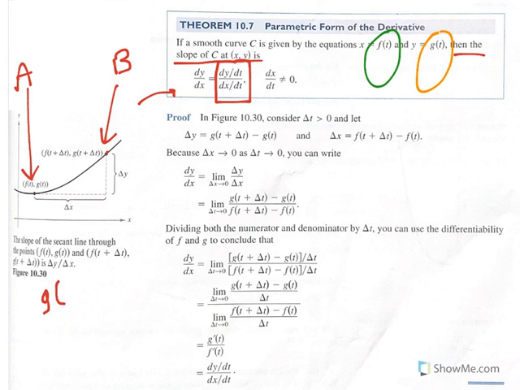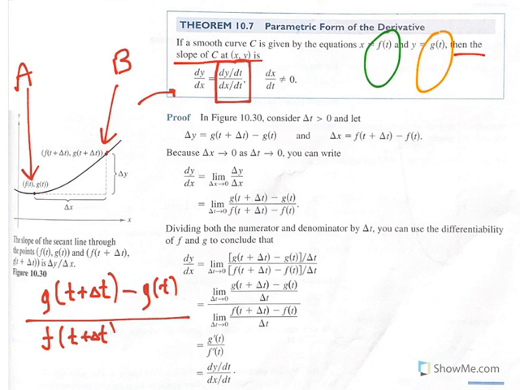So you would have g of t plus delta t, that gives you the y-coordinate of point B, minus the y-coordinate of point A, divided by the x-coordinate of point B minus the x-coordinate of point A. So all that tells you is the change in y divided by the change in x, or the slope of the secant line passing through the 2 points A and B.